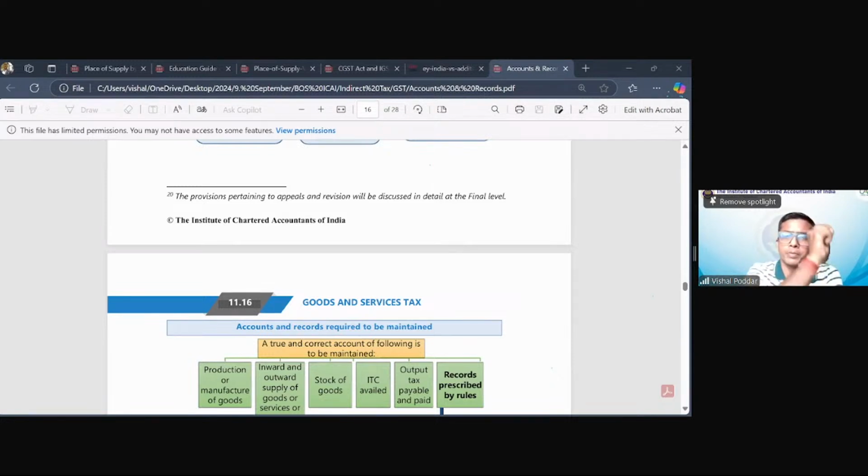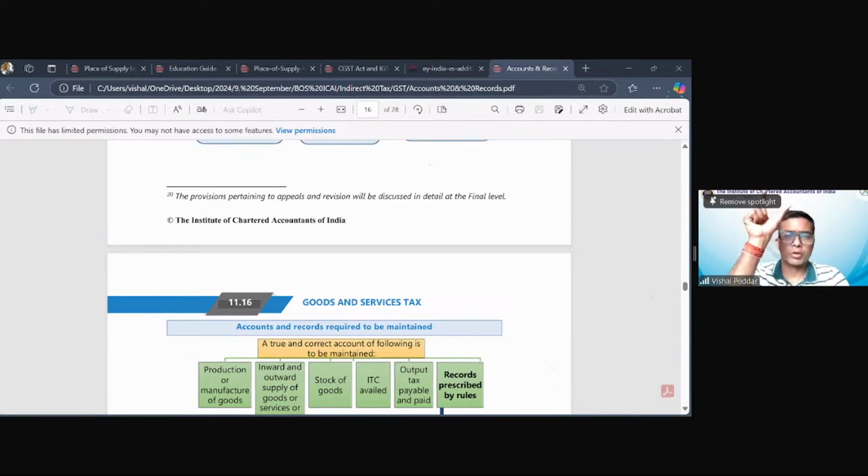If it is a capital expense, two parts: whether it is plant and machinery or any other capital asset like building, factory, shop, etc. If it is plant and machinery, even though it is capital, credit is always allowed. But if it is other than plant and machinery, like shop, godown, office, factory, then the problem is that the credit would be blocked.